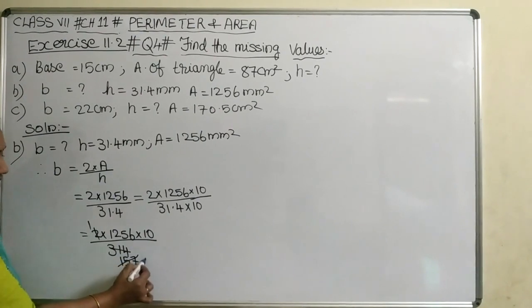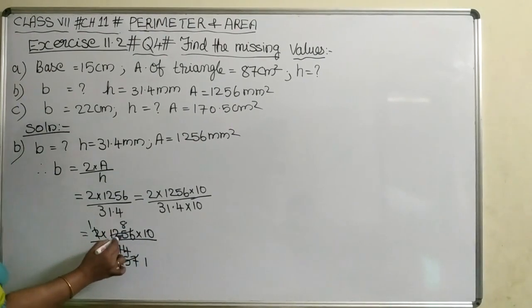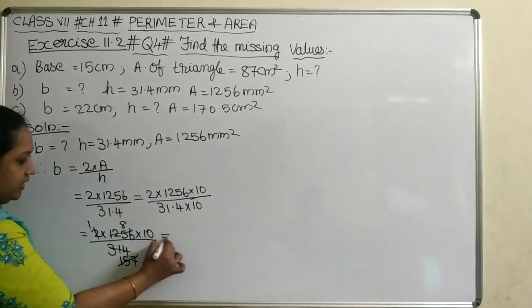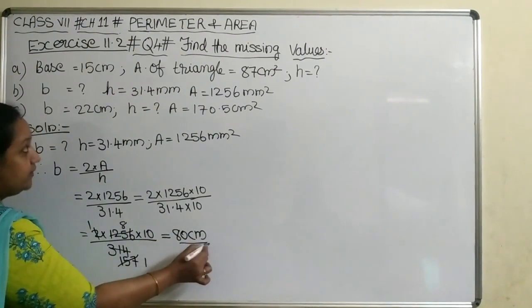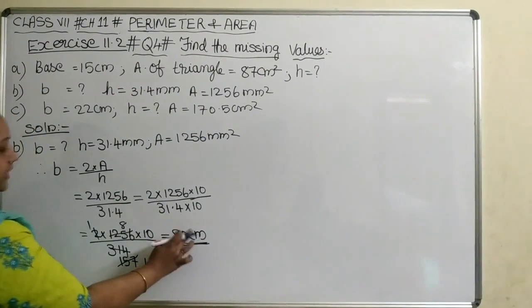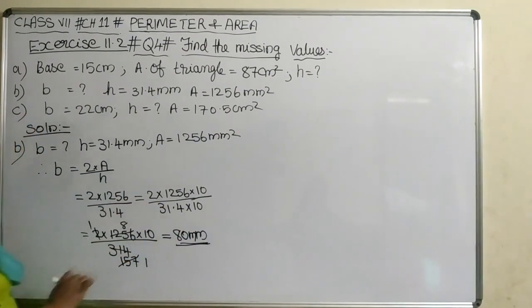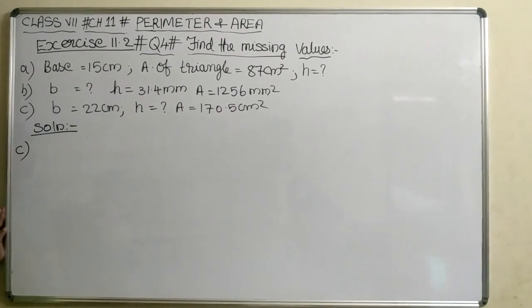Now 157 one time. Here 157 into 8 is 1256. Now we got 8 into 10. So 8 into 10 is 80 millimeter. Unit is given in millimeter. So 80 millimeter is the base of the given triangle.